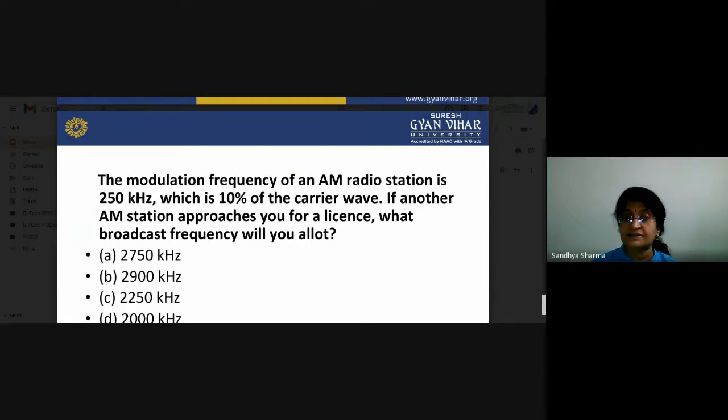If another AM station approaches you for a license, what broadcasting frequency will you have to allot? Then you have to calculate the carrier signal.